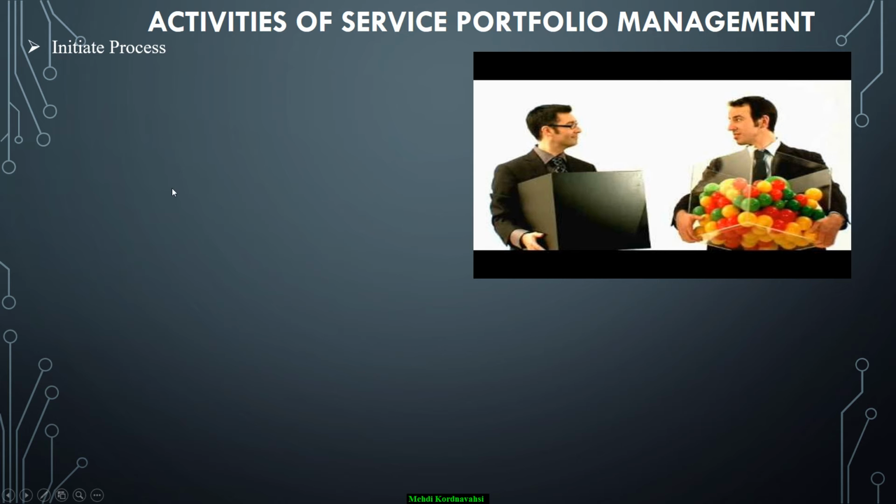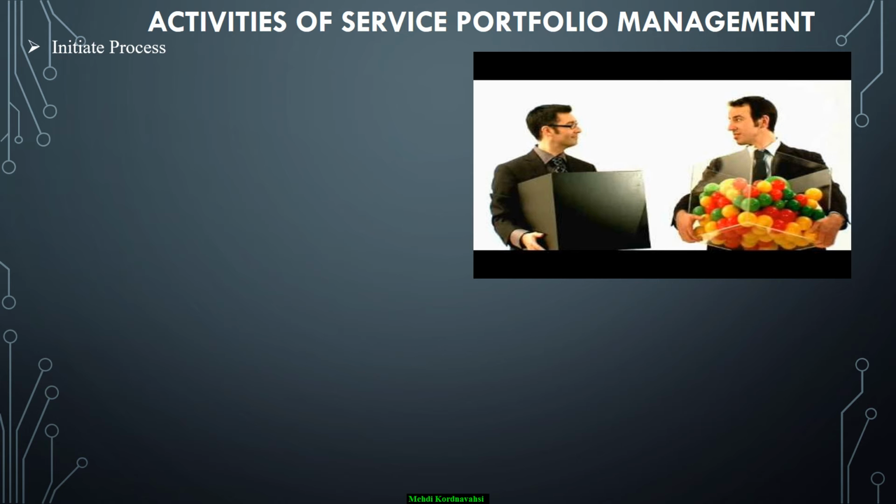The first, initiate process. Because service portfolio management is the main means of identifying new services and change to existing services and prioritizing these investments, you must have a formal method of triggering these activities.